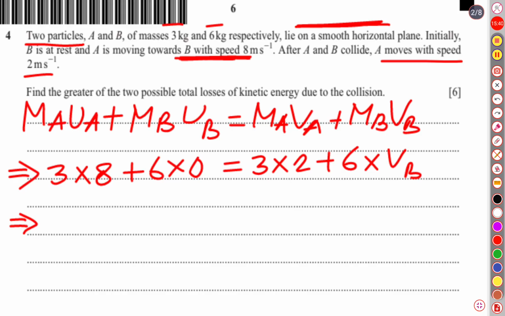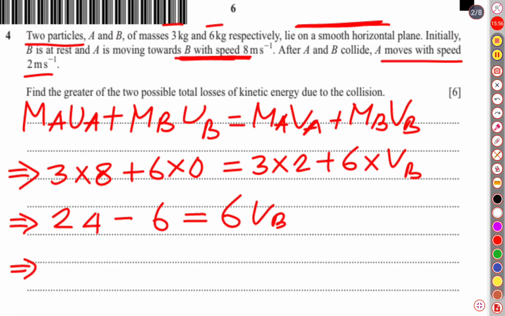So it is going to be 24 minus 6, which is equal to 6 times the velocity of particle B after collision.